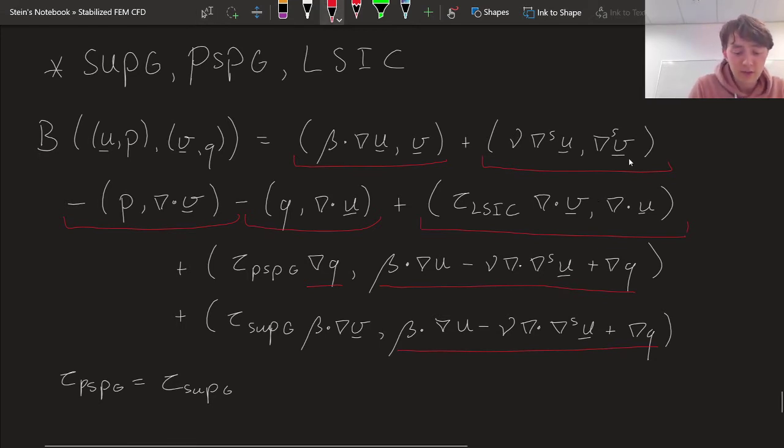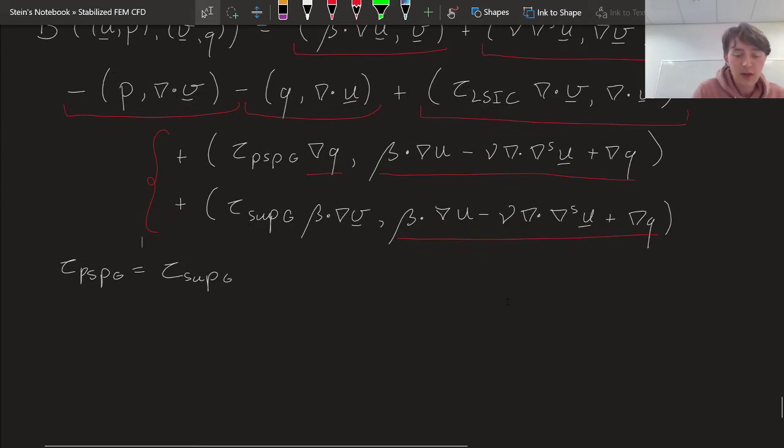If we do that, then we find that these two equations combine, right? We have the same thing in the right-hand slots here, so it's a bilinear form. If the same thing is in the right slot, then I can sum whatever is in the two left slots. So let me just call this simply tau.